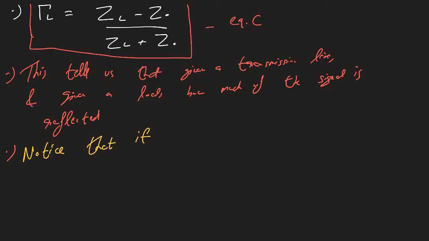Notice that if ZL becomes equal to Z naught, then this factor gamma L becomes equal to 0. So no reflections.